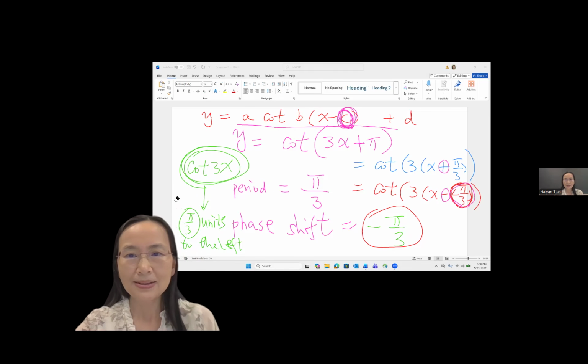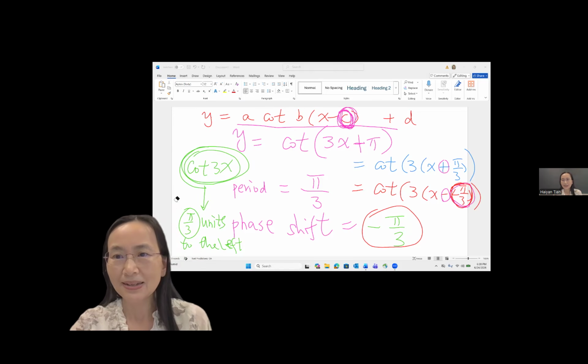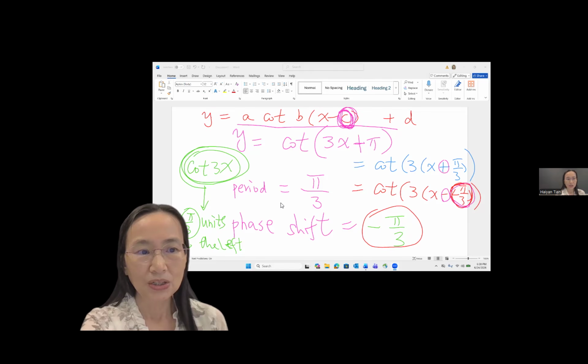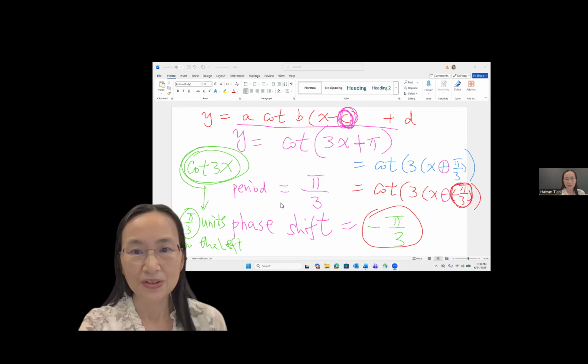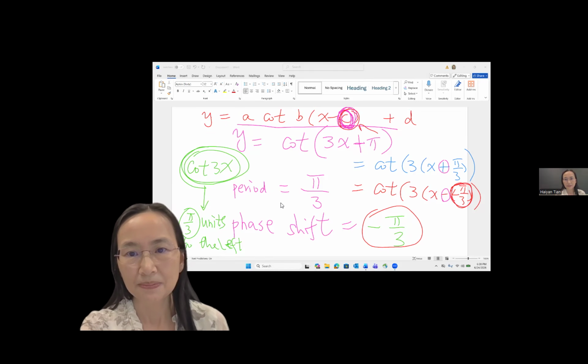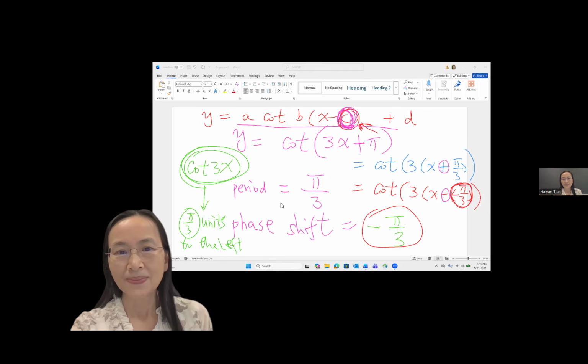Okay, that's all for tangent and cotangent variations and how to determine the period of a given function and the phase shift of a function. So I want you to keep in mind the standard form, because using the standard form, it's very easy to determine the phase shift. For example, right here.